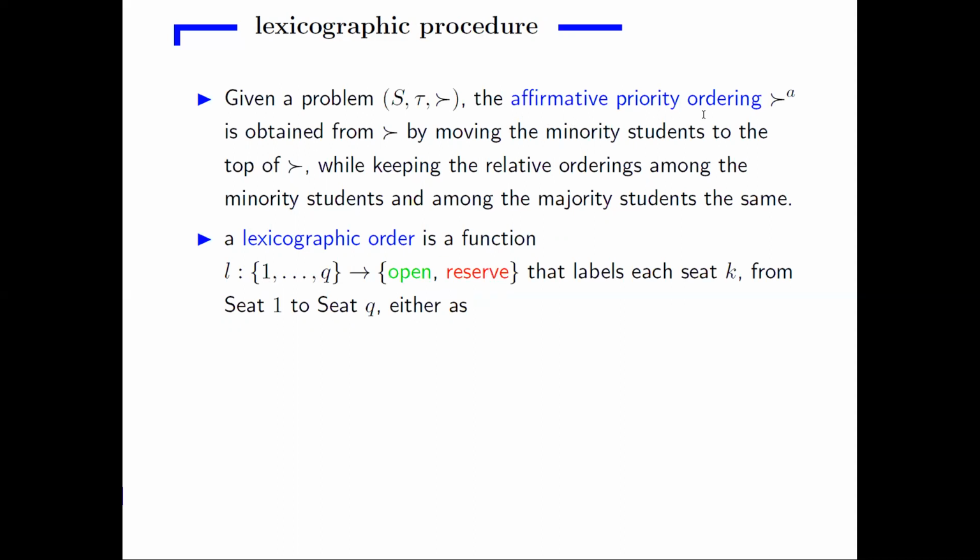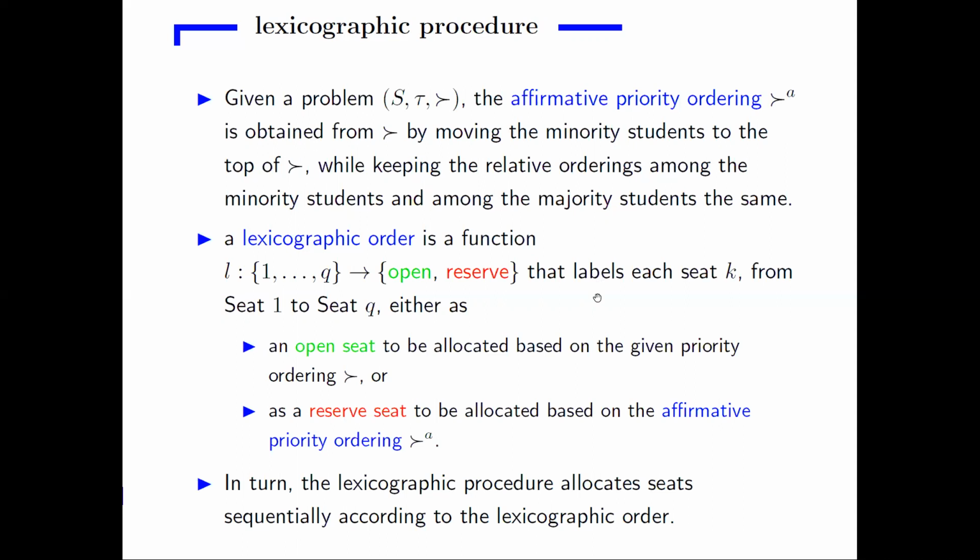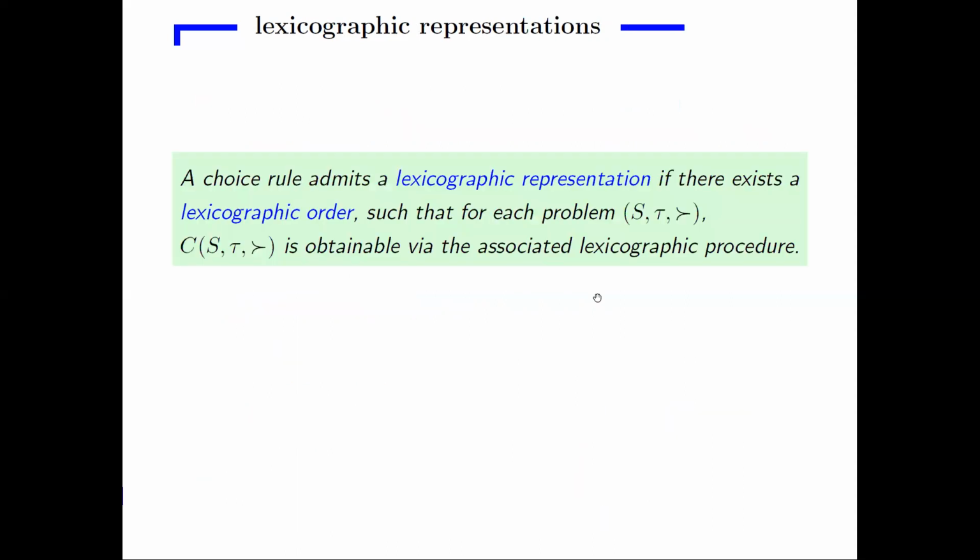Which of these seats will be open or reserved is what is determined by the lexicographic order. An open seat is to be allocated based on the priority, and the reserved seat is to be allocated based on the affirmative priority ordering. Let me show some examples which would clarify the representation.